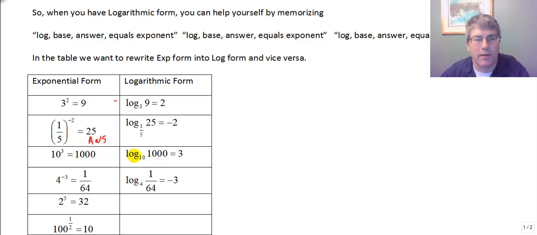We can work in the other direction. Log base answer equals exponent. So my base is 10 and my exponent is 3, so 10 to the third equals my answer.